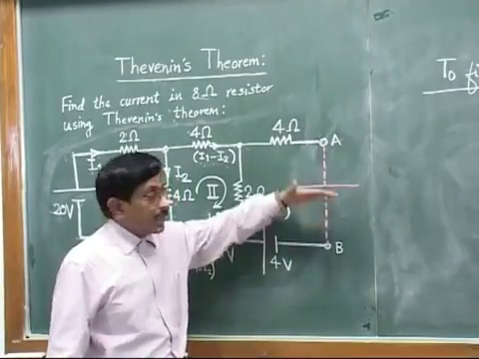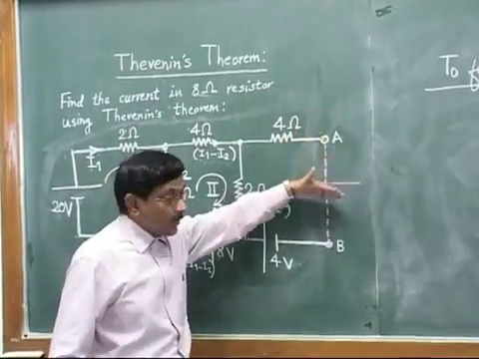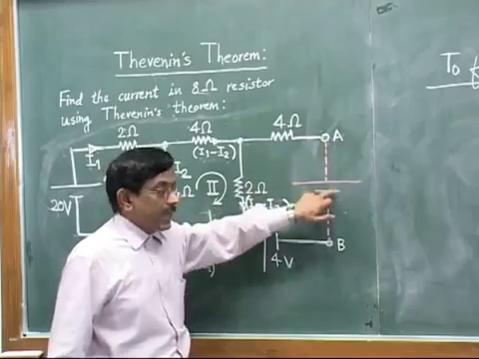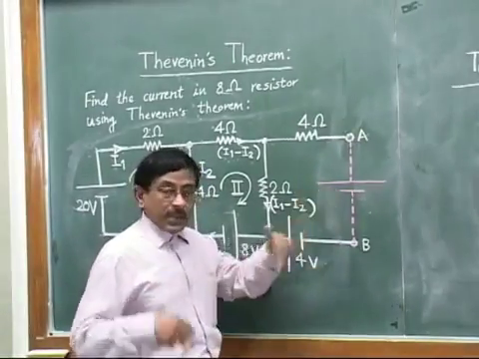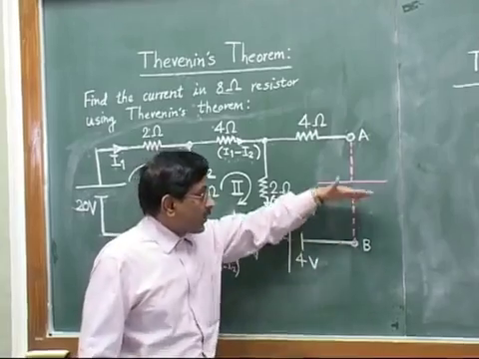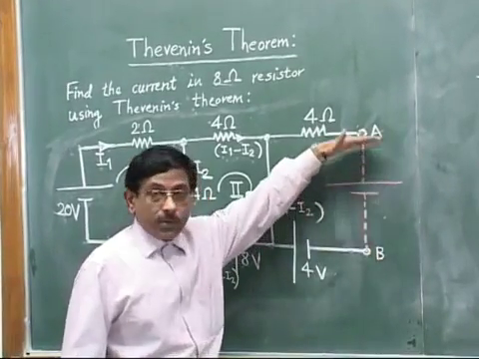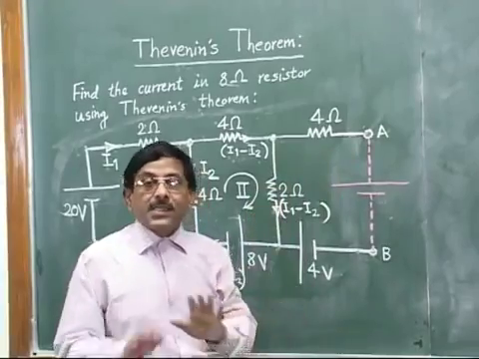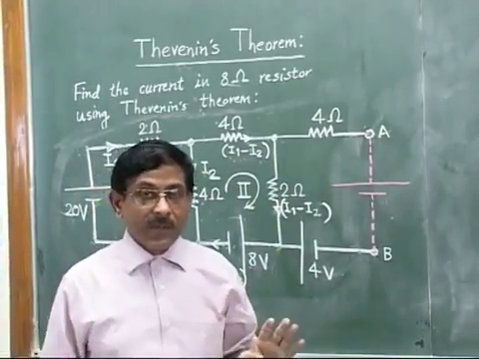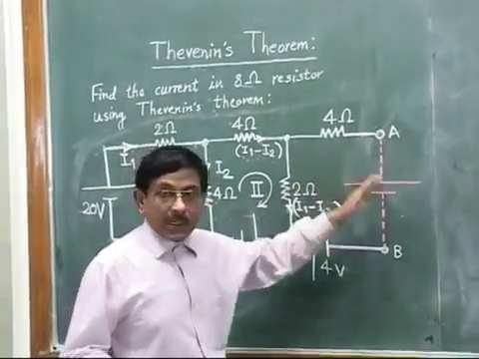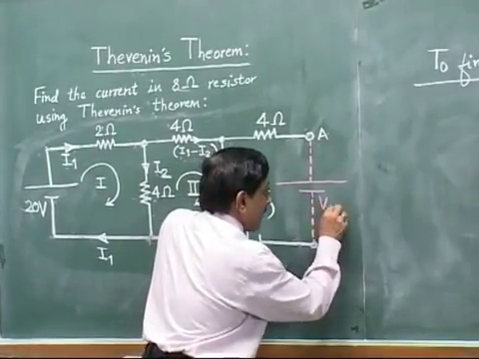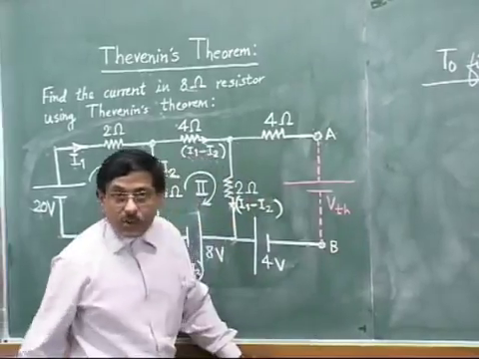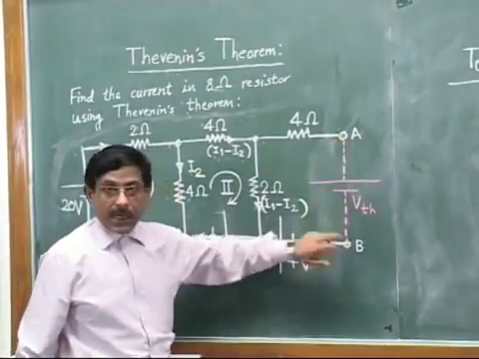Somebody may show the battery like this, positive terminal upwards, negative downwards, means positive to A, negative to B. It is your choice how to show it. You may show it the reverse way, with the positive terminal connected to B and negative to A. That is immaterial at this particular stage. So you assume any orientation of the battery, but you should say that there is some imaginary voltage source acting between points A and B.